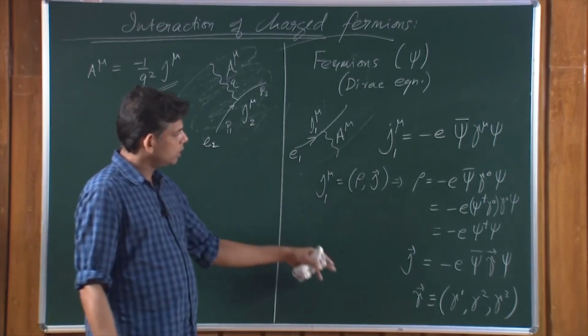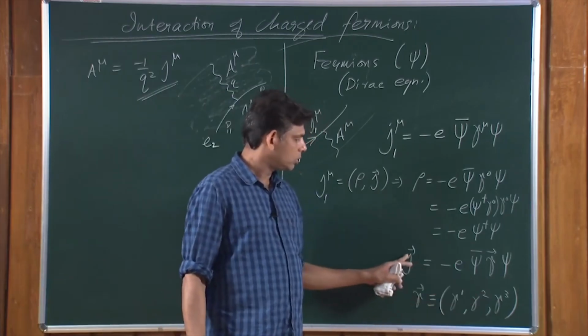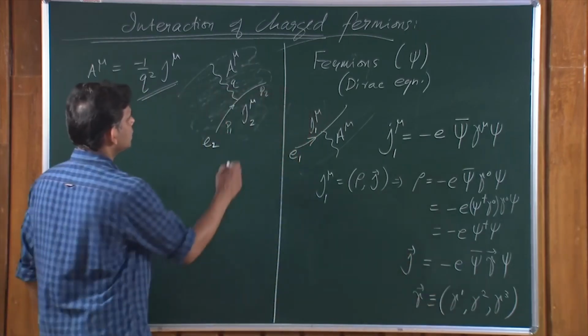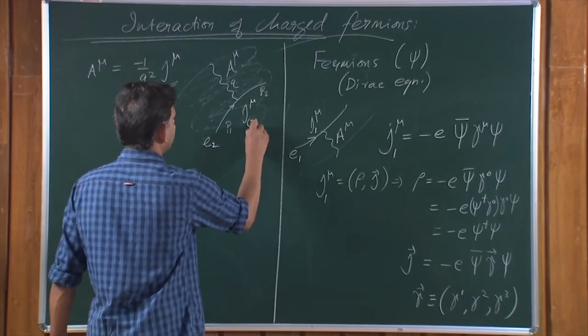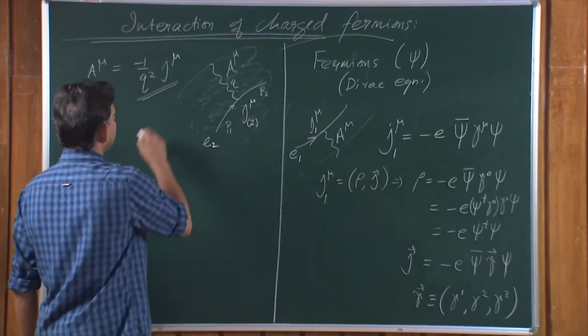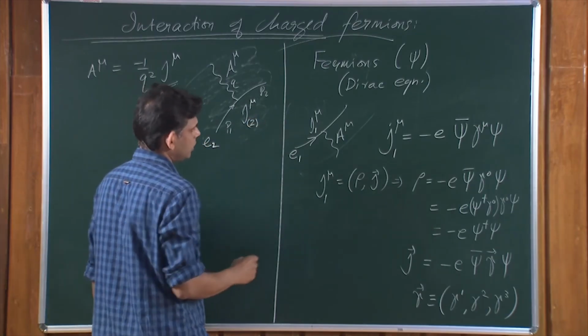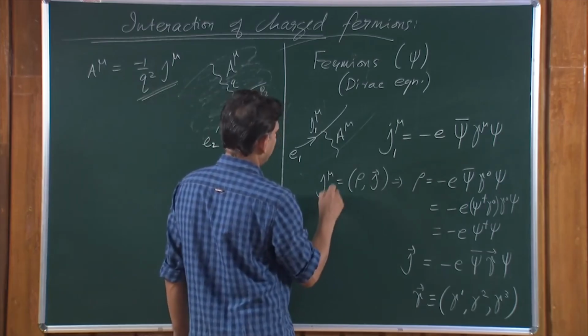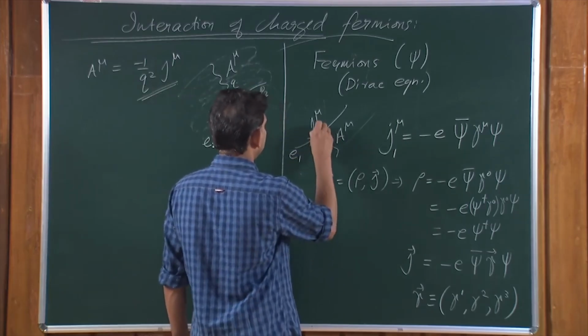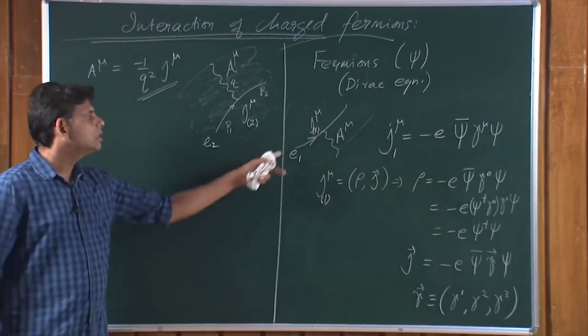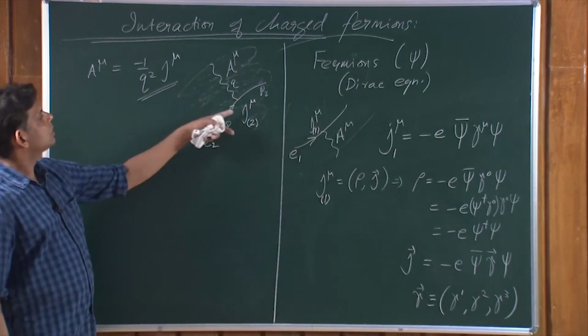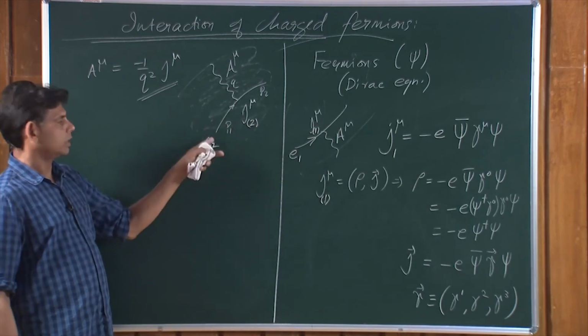This 2 has nothing to do with the components of J. It is just an index to represent this particle, identifying that this is caused by this electron, and this is talking about another electron, that is all.